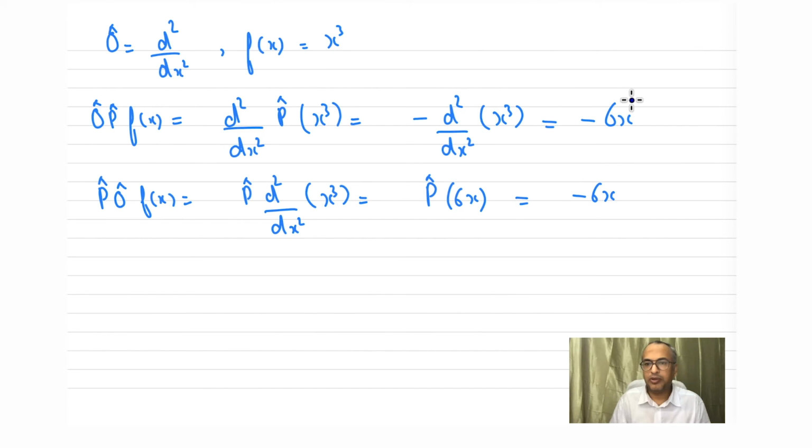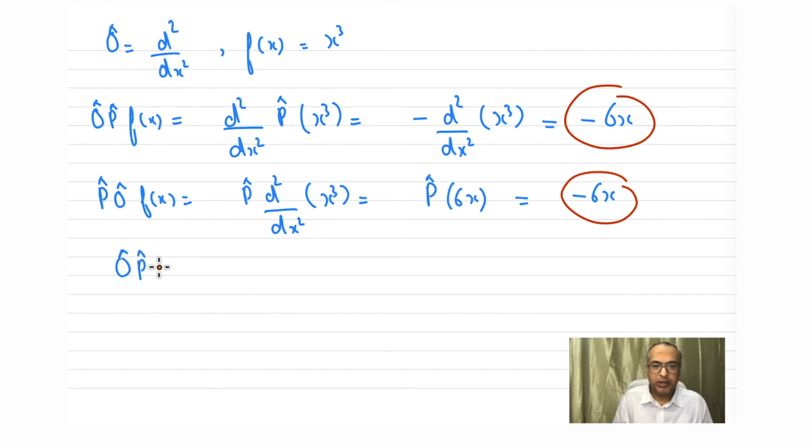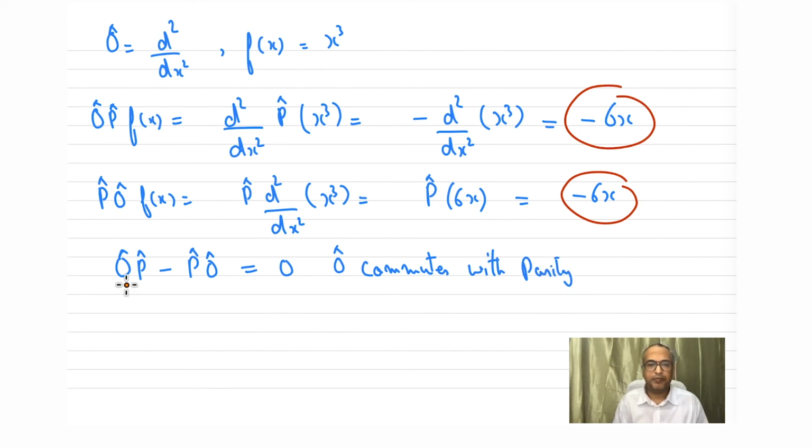Notice now that these two terms are the same. So we can safely say that OP minus PO is equal to 0. So O commutes with parity. Okay, so the first condition is fulfilled now.